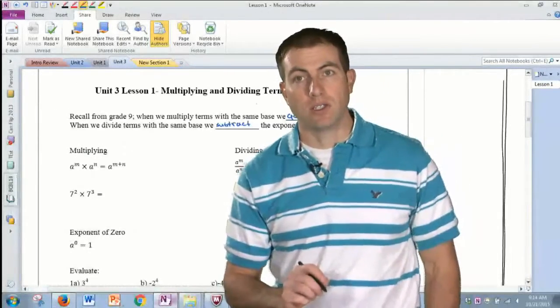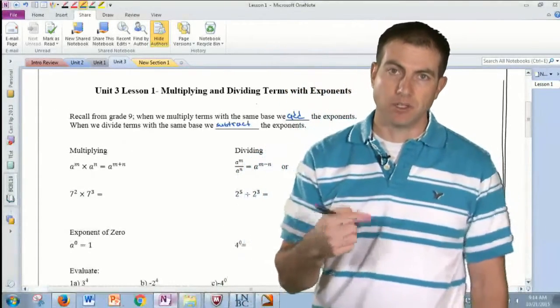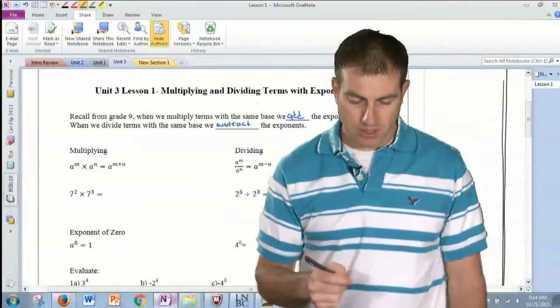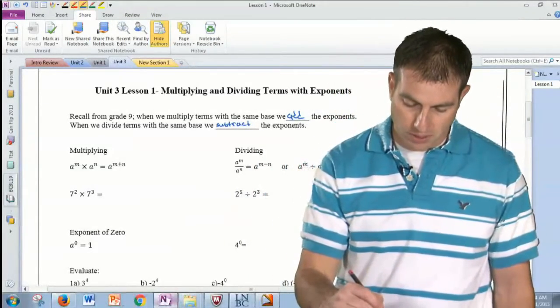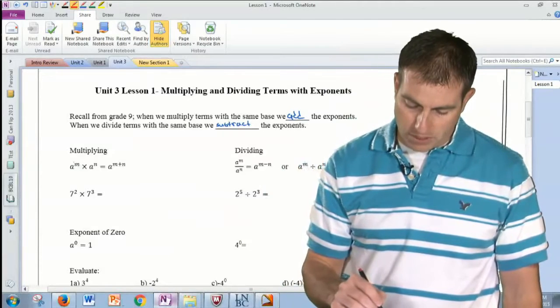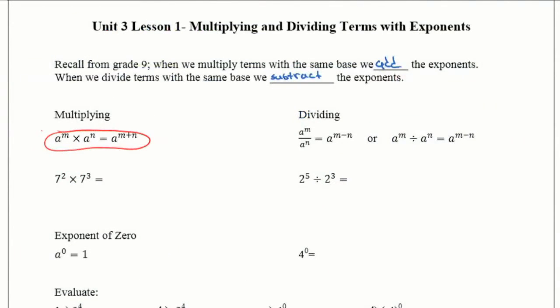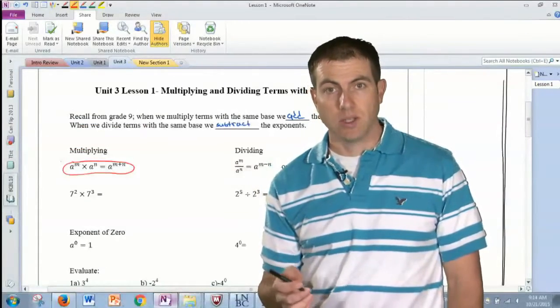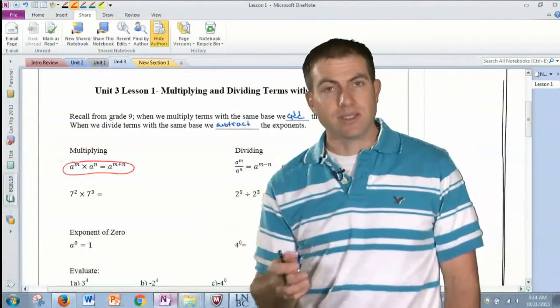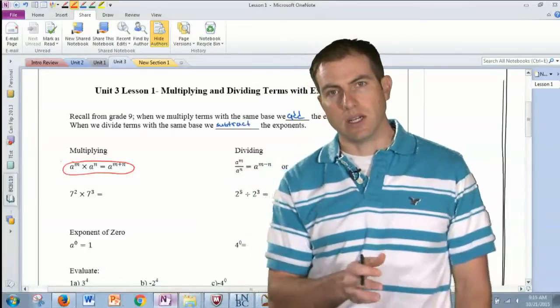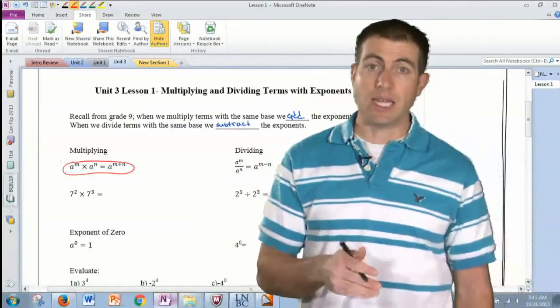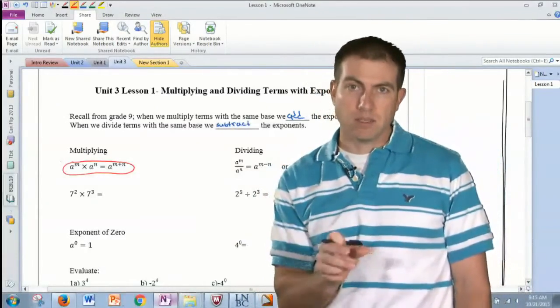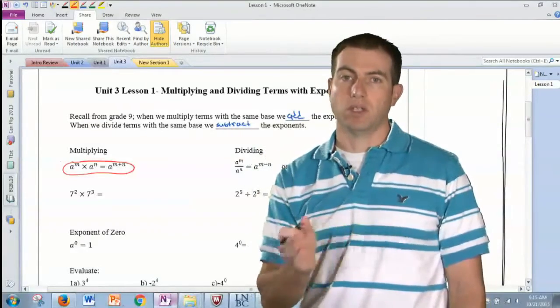So we have our two kind of laws, we'll call them, just in general terms, here and here. So multiplying. Now this is just a general form. Anytime we're multiplying numbers with exponents, whatever the exponents are, as long as they have the same base, that's the key here. You notice the example, we used the letter A. As long as you have the same base, you can add the exponents together when we're multiplying these things.